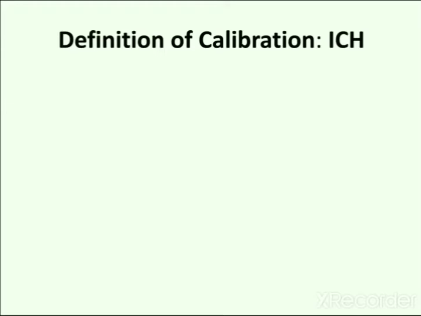So before understanding the definition of calibration as per ICH, we will understand what ICH stands for. ICH, which is the International Council for Harmonization of Technical Requirements of Pharmaceuticals for Human Use, is unique in bringing together the regulatory authorities and pharmaceutical industry to discuss scientific and technical aspects of pharmaceuticals and develop ICH guidelines.